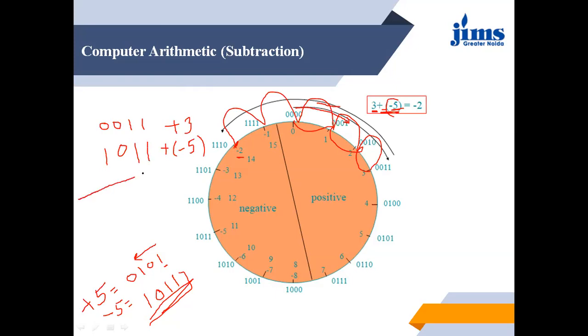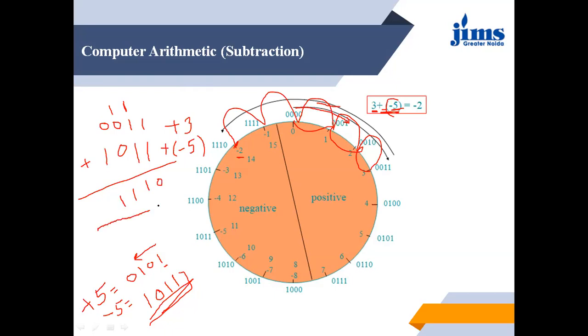And by adding these two numbers, we are getting 1 plus 1 is 0 with a carry 1, and 1 plus 1 plus 1 is 1 with a carry 1. Now this 1 plus 0 plus 0 is 1, and again 0 plus 1 is 1.